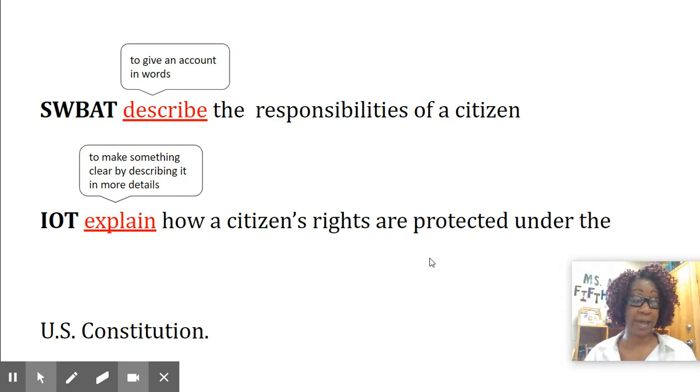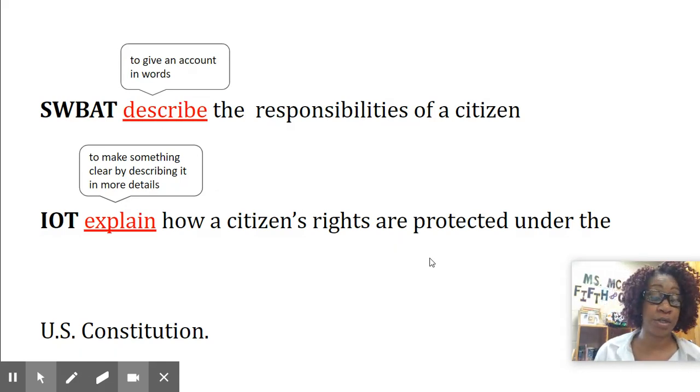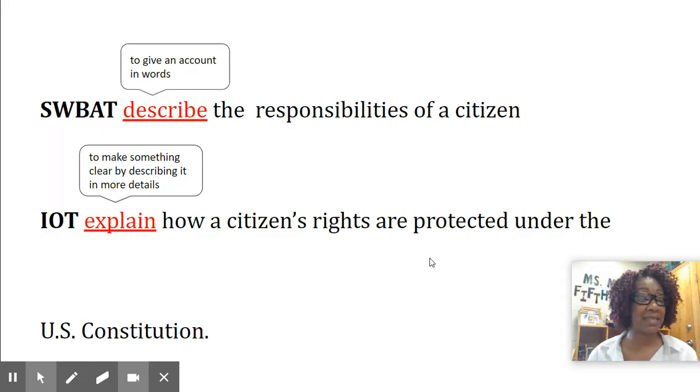So students will be able to describe or give an account in words the responsibilities of a citizen in order to explain or make something clear by describing it in more detail how a citizen's rights are protected under the U.S. Constitution.